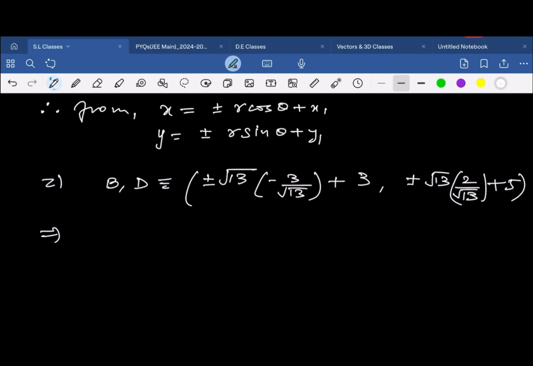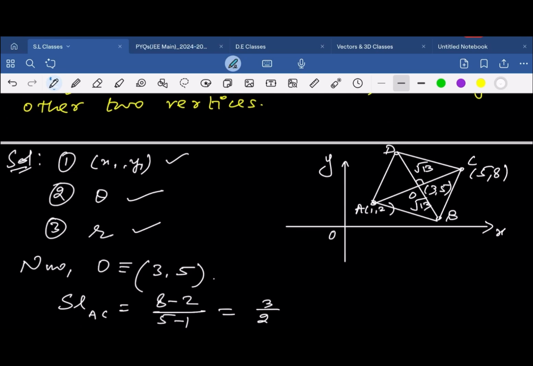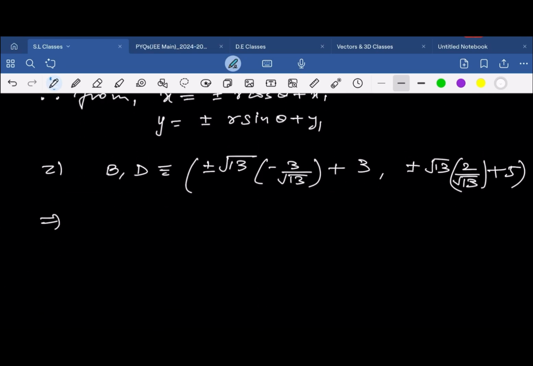Okay, D is above, so for D take plus root 13, and B is below, so take minus root 13 for B. So for D, this root 13 cancels out, so plus into minus, so minus 3 plus 3, comma plus 2 plus 5.